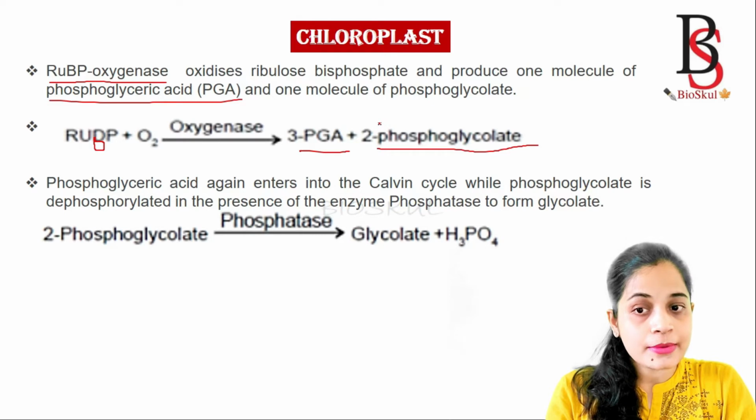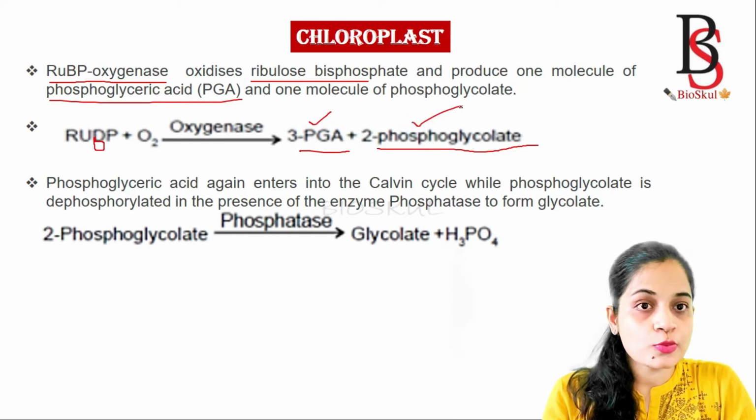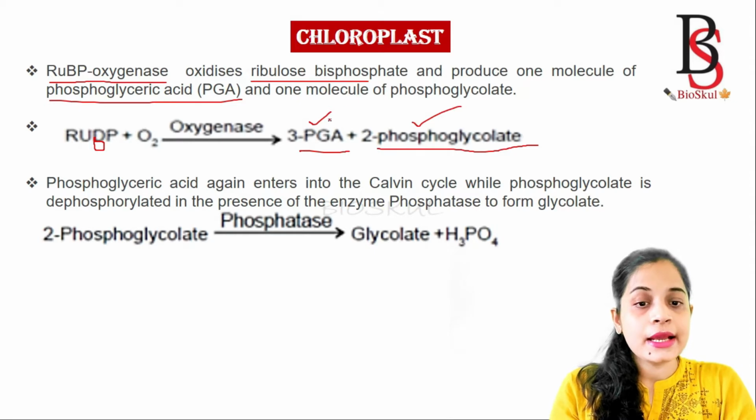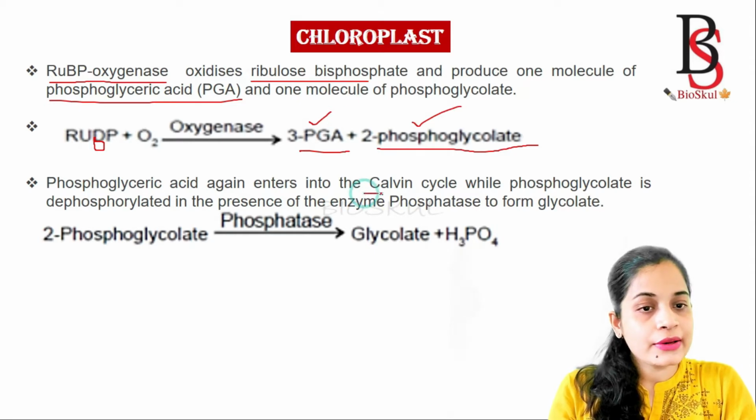In the first step, RuBP oxygenase oxidizes the ribulose bisphosphate and produces one molecule of 3-phosphoglyceric acid and one molecule of 2-phosphoglycolate.